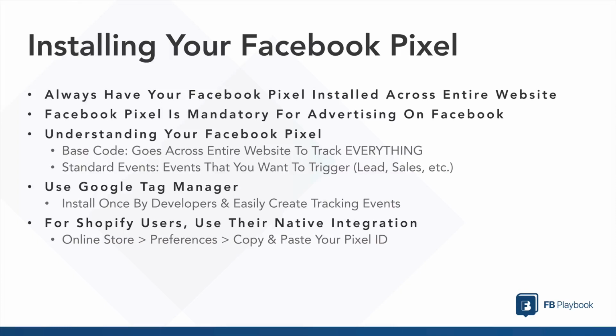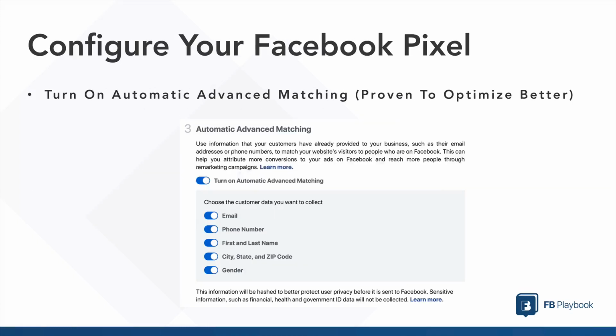So again, if you have not yet installed a Facebook Pixel, very important, you obviously need to have your Facebook Pixel in place. Now, this has not been taught by a lot of people, and not a lot of people talk about this. When you are setting up your Facebook Pixel, make sure you configure it. When you are grabbing your Facebook Pixel, there's a new setting right now called Automatic Advanced Matching.